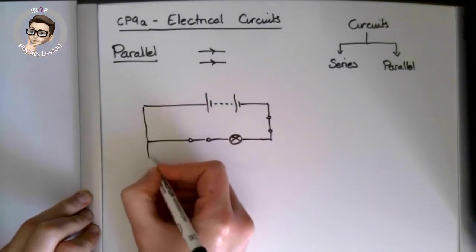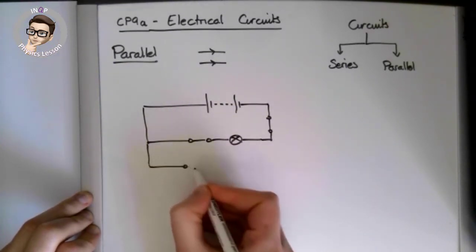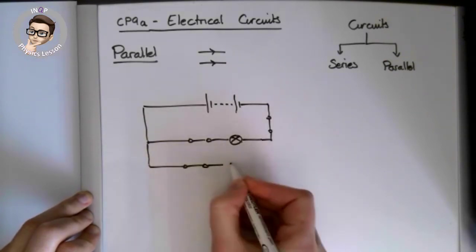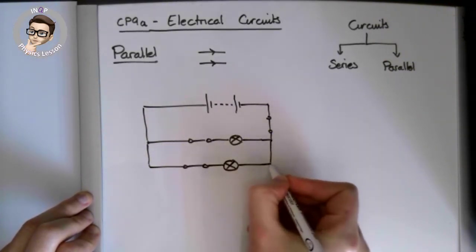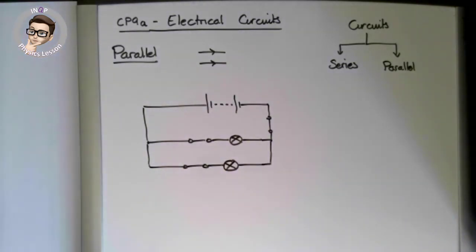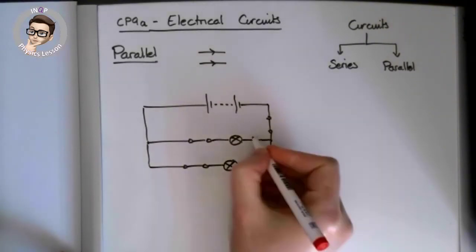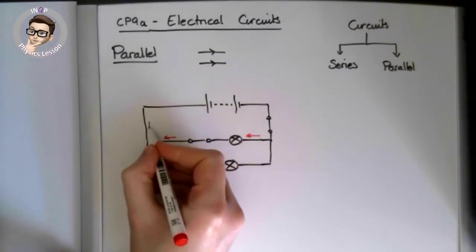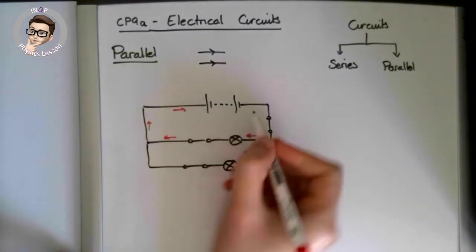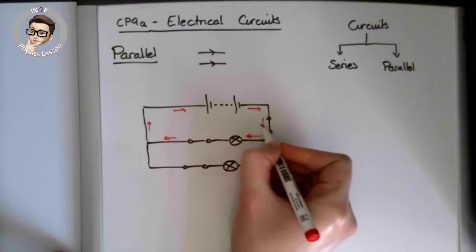My junction. And this is the parallel part. That was series. This bit now becomes parallel because now I have two routes for my electrons to go. I have the red route, which would be to go that way, back, and to the battery. Let's just put that all the way around.